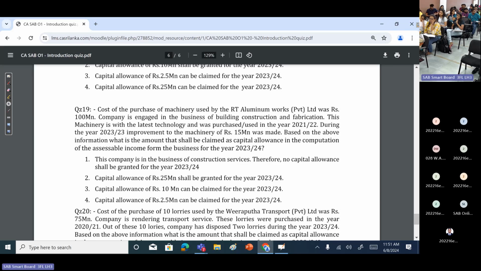From that only, can you claim that expense? Yes. That is 12 million. Not 20% of 6 million. That will be the expense.